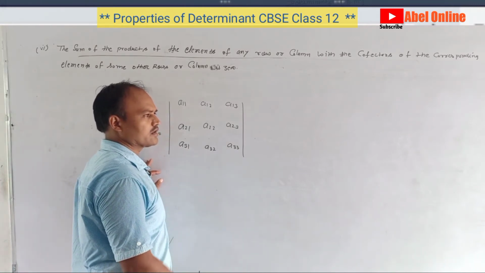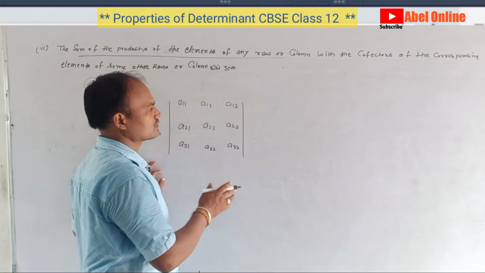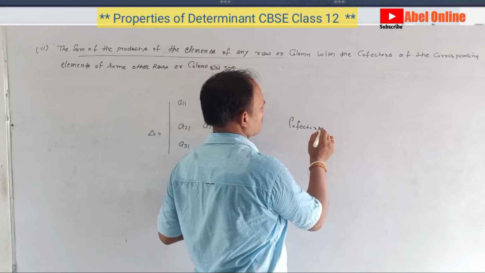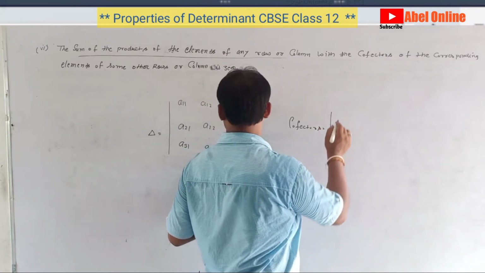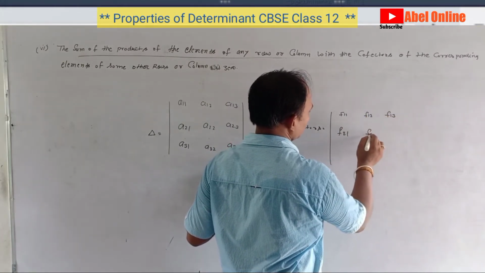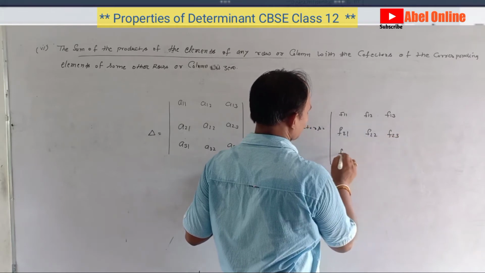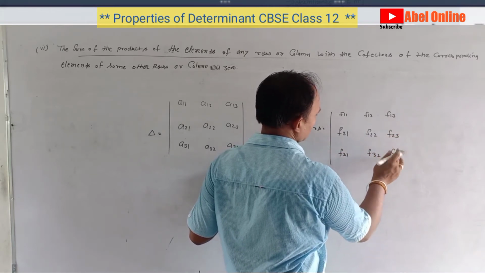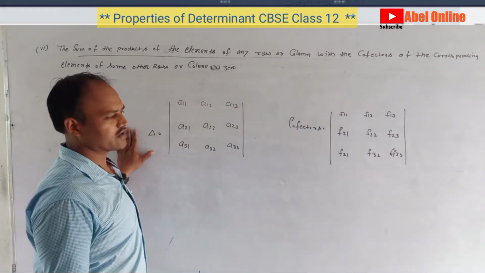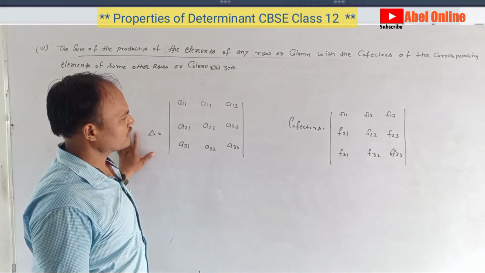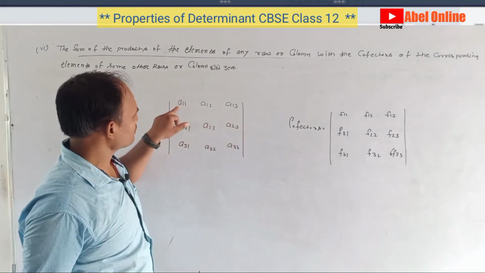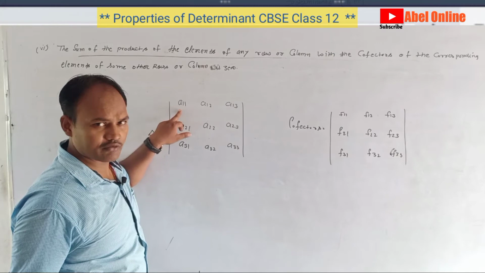Now suppose the cofactors of this are f11, f12, f13, f21, f22, f23, f31, f32, f33. The determinant is this, and the cofactor determinant is f11, f12, f13, where f11 is the cofactor of a11.